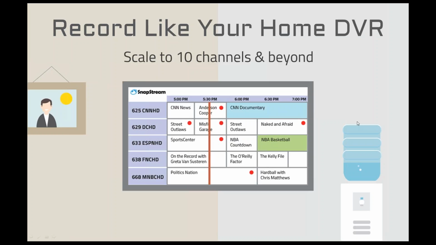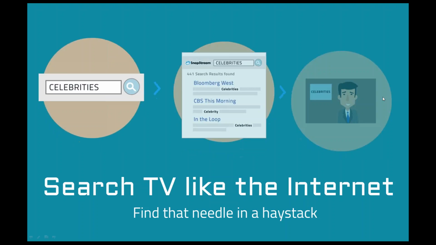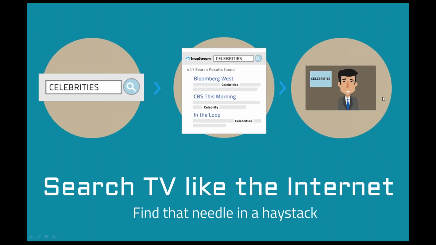So again, SnapStream is a DVR not unlike your home DVR. It's recording content 24 hours a day in most scenarios, recording content all the time. The only difference is once you have those recordings on your SnapStream, unlike your home DVR, we make it really easy to actually search the content you have available in a way that is very familiar to you.